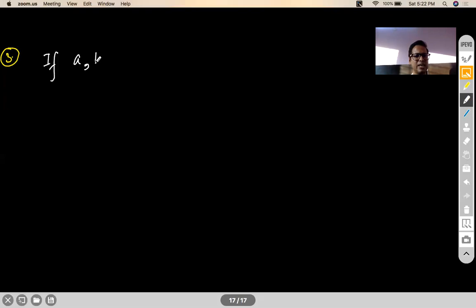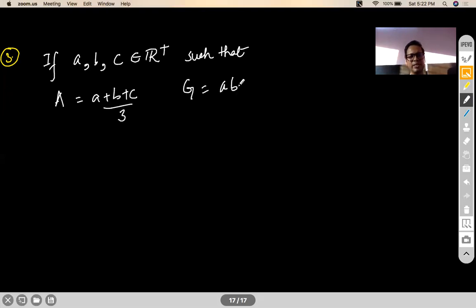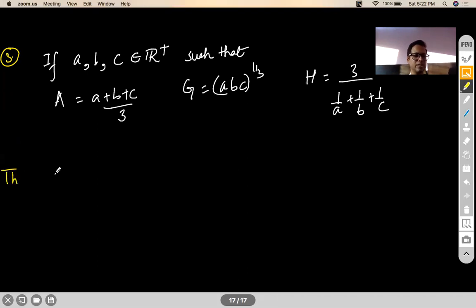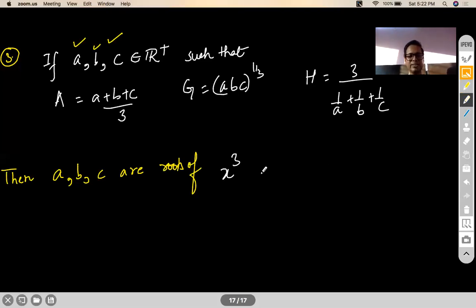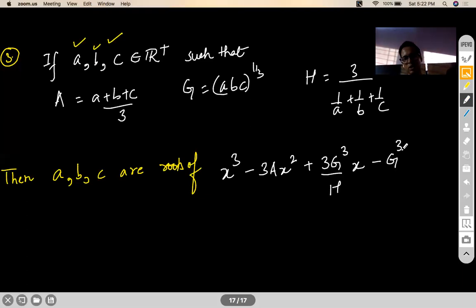If A, B, C are positive real numbers such that capital A is the arithmetic mean, capital G is the geometric mean, and capital H is the harmonic mean between the three numbers, then small a, small b, small c, that is, these quantities themselves, are roots of x cube minus 3A x square plus 3G cube by H x minus G cube equal to 0.